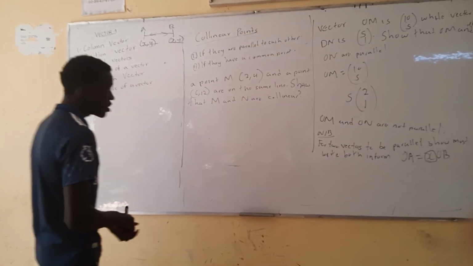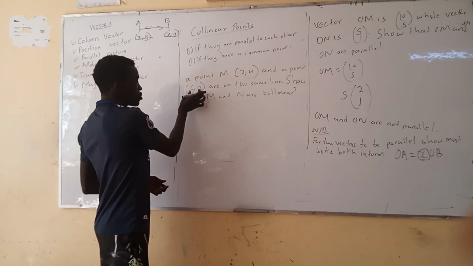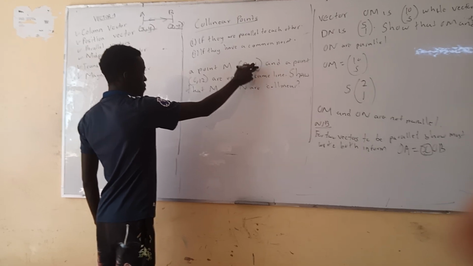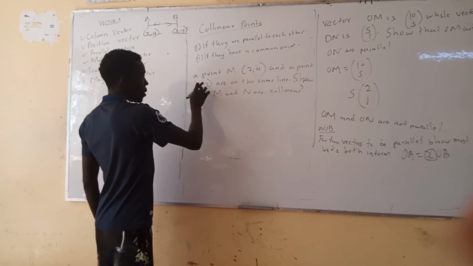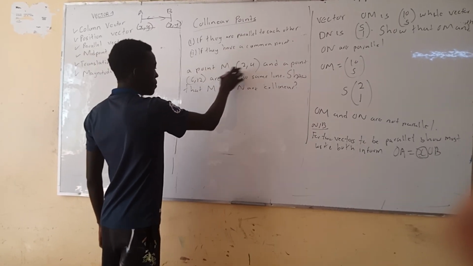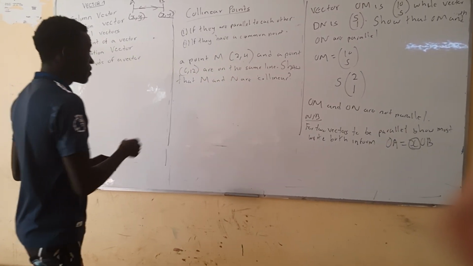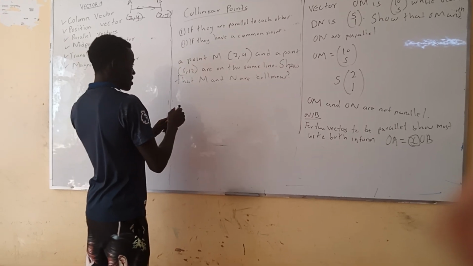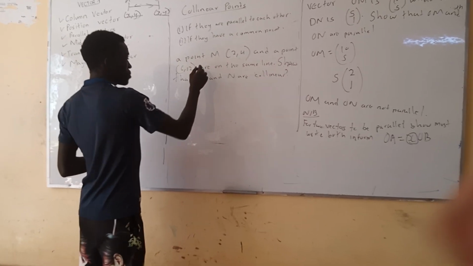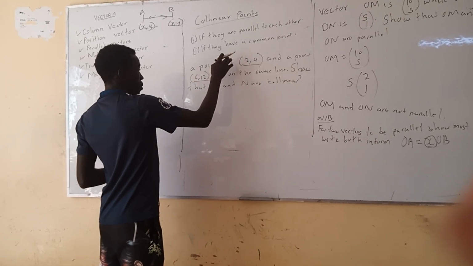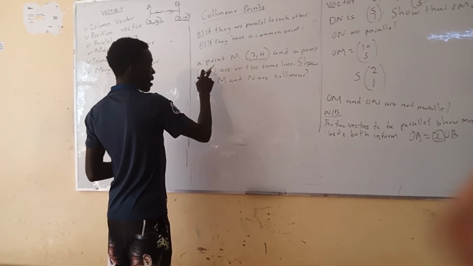So we say that two points are collinear first if they are parallel. I'll try to show that M and N are collinear. To show that they are parallel first, I'll try to see if they are on the same line.